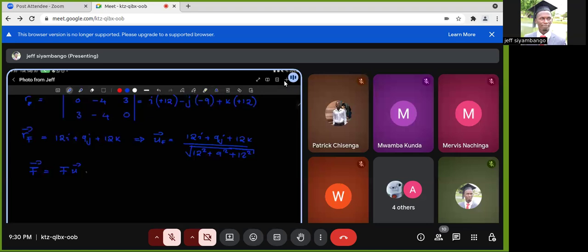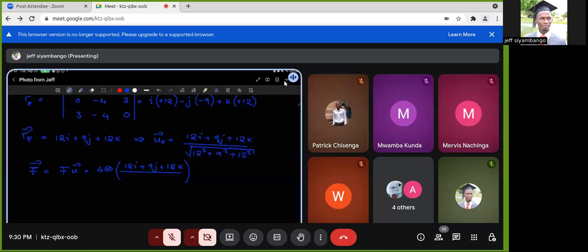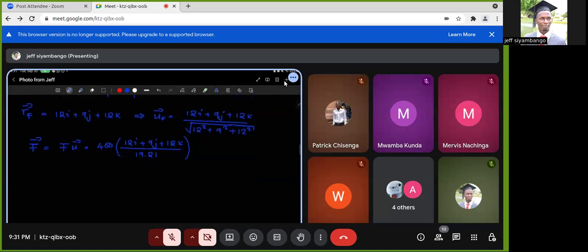So what will be the square root there? Now we can divide this into 400 and multiply.